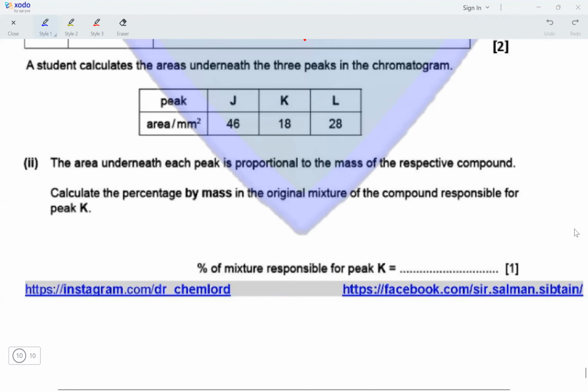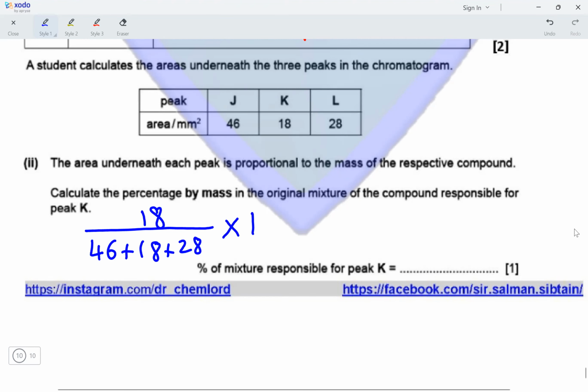A student calculates the areas underneath the three peaks in the chromatogram. The area underneath each peak is proportional to the mass of the respective compound. Calculate the percentage by mass in the original mixture of the compound responsible for peak K. So in order to calculate the percentage of peak K, we would have the area of K, which is 18, divided by the sum of the three areas, which would be 46 plus 18 plus 28.